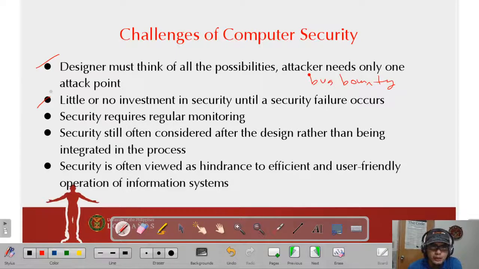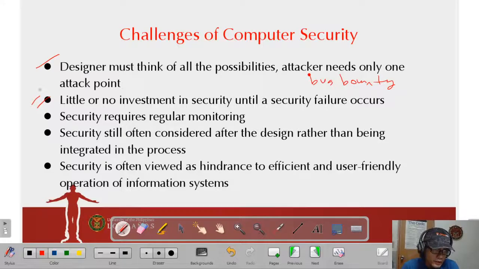Then the next one is little or no investment in security until a security failure occurs. So this is also very true, especially in some organizations wherein they think that security is not important.